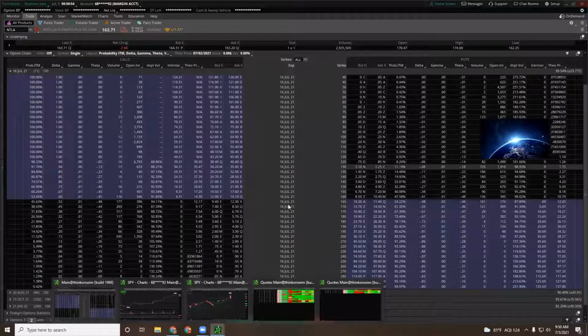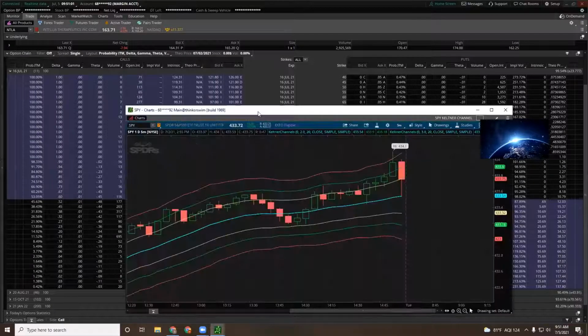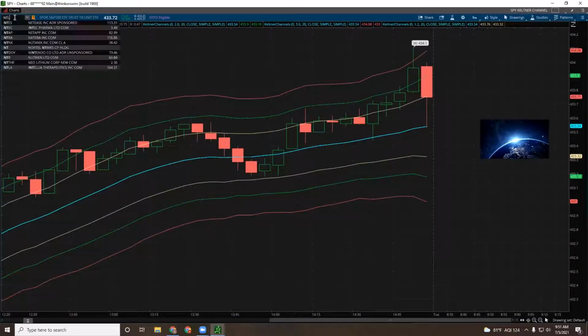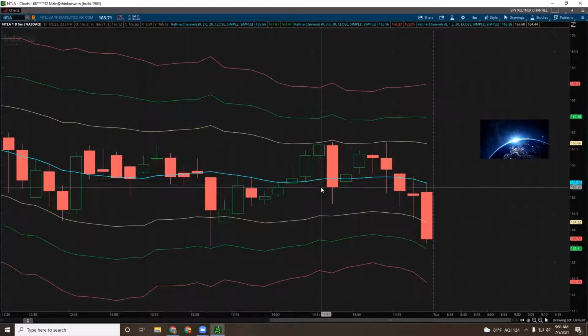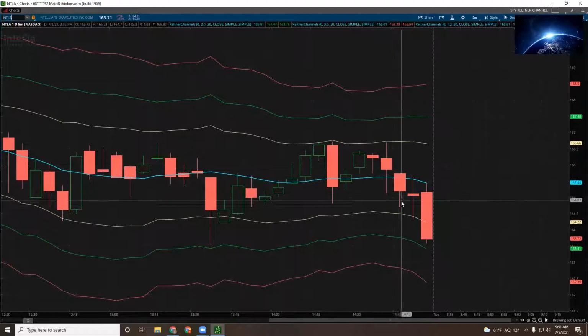So let's start with trying to sell a bull put spread. What I will do quickly is, this is the SPY chart on our standard deviation channel. I'm going to put NTLA here, and this is the NTLA chart in essence. Right now, we are saying, okay, we want to do a bull put spread for NTLA.